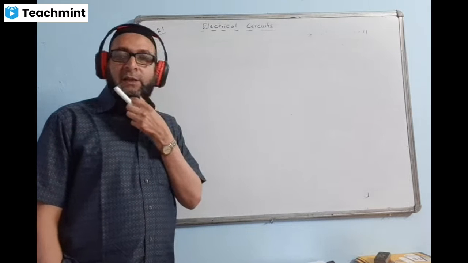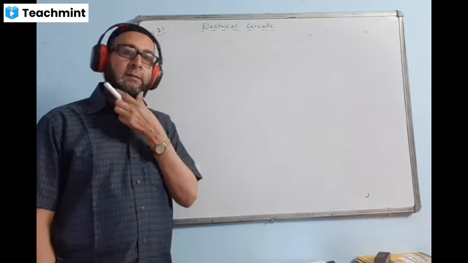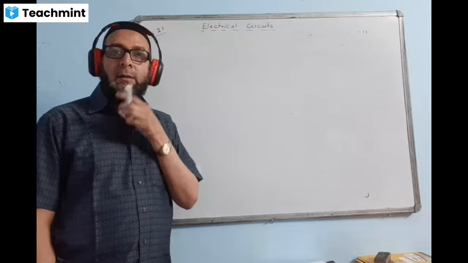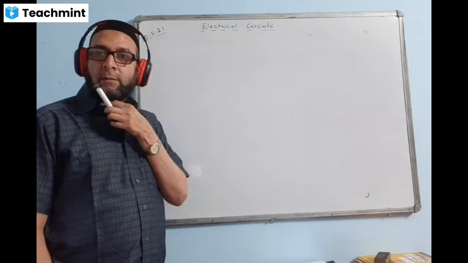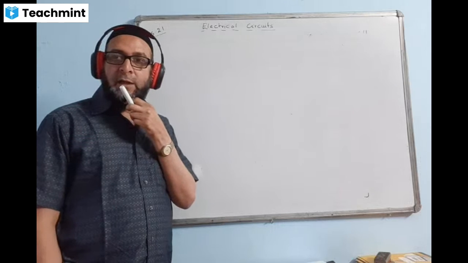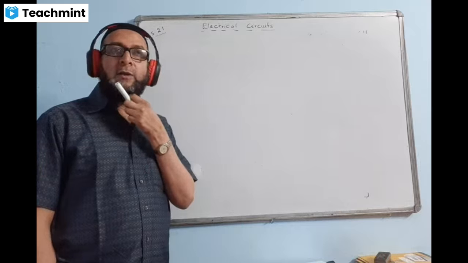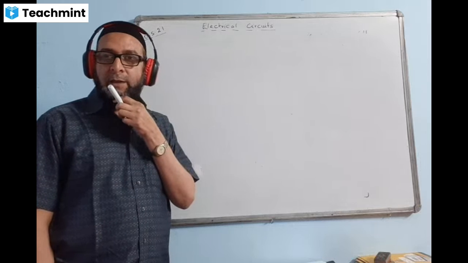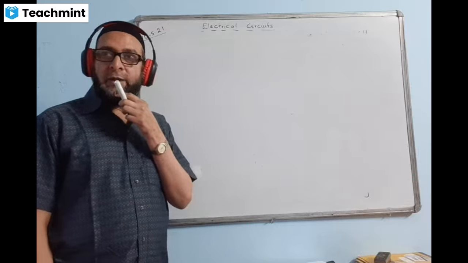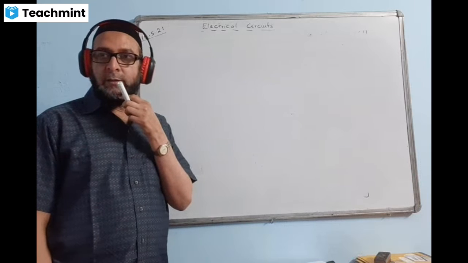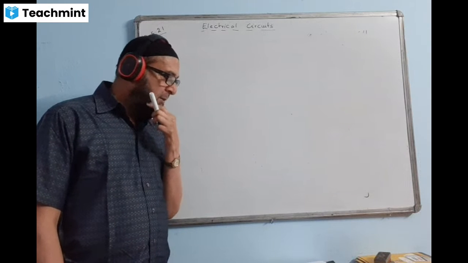If the balancing length when capital R is equal to 5 ohm, is 40 centimeters.